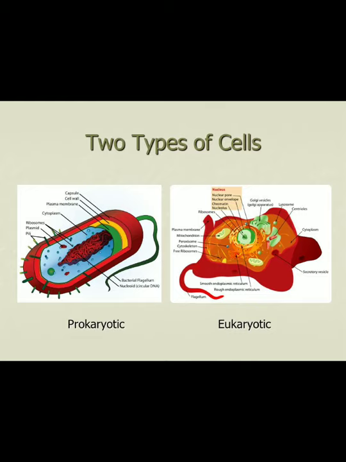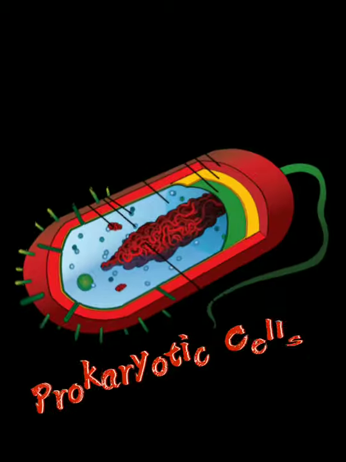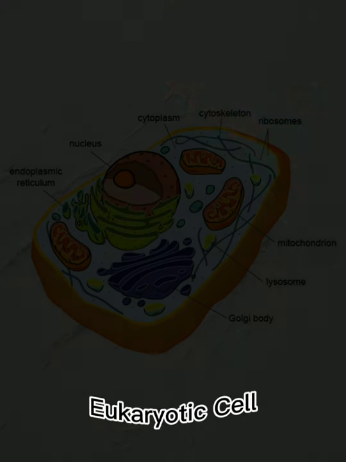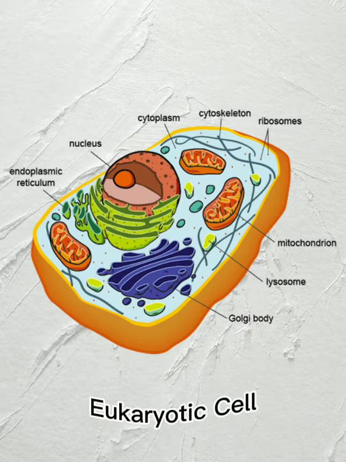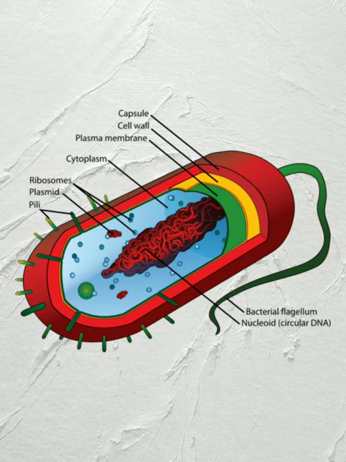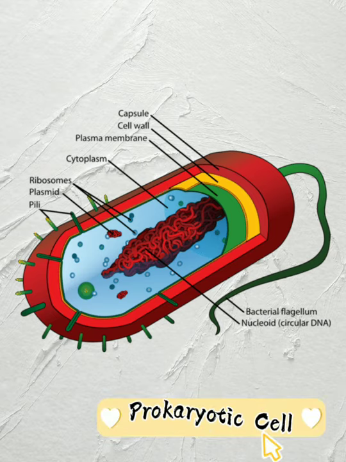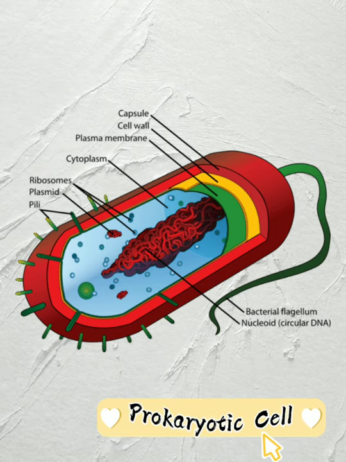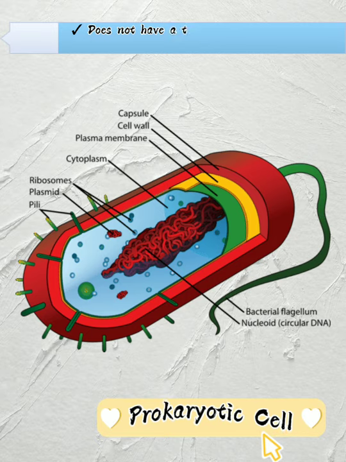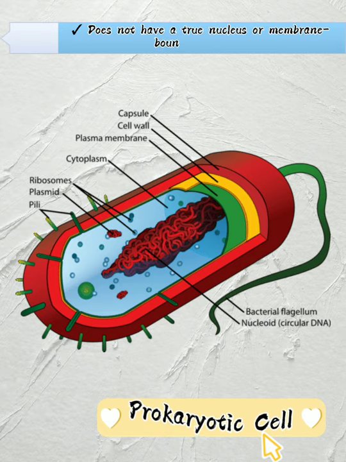Let us now take a closer look at the two types of cells, the prokaryotic cells and the eukaryotic cells. Let us first discuss the prokaryotic cell. A prokaryotic cell is a type of cell that does not have a true nucleus or membrane-bound organelles.